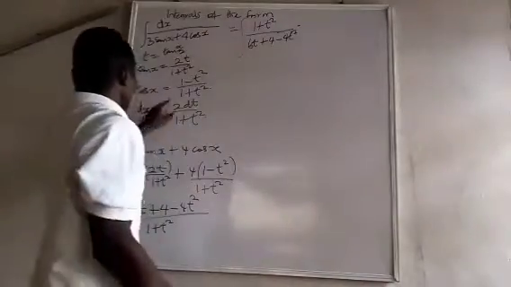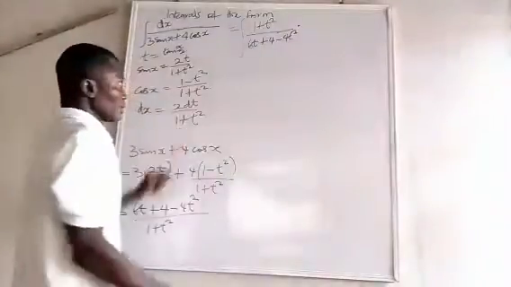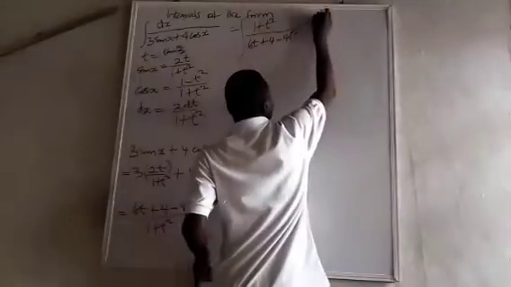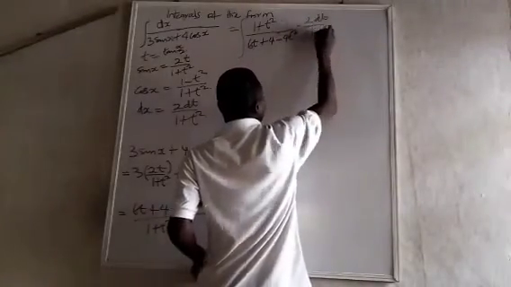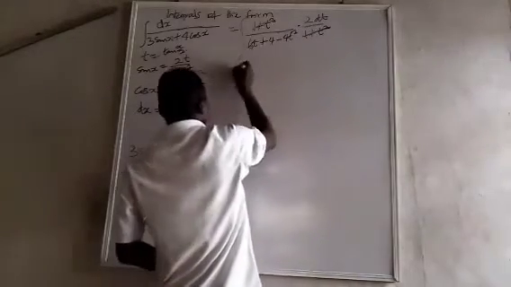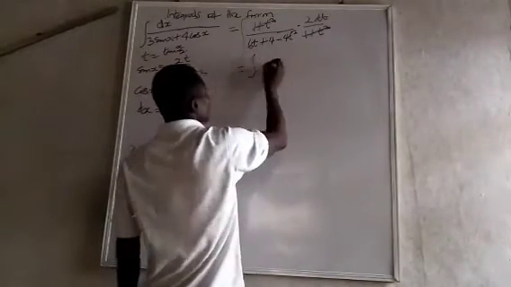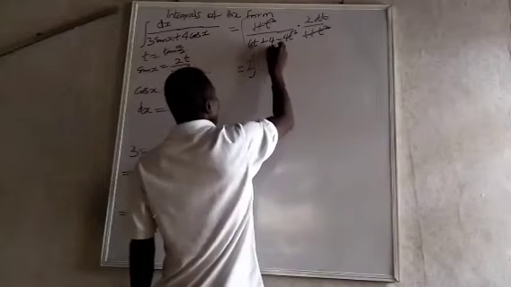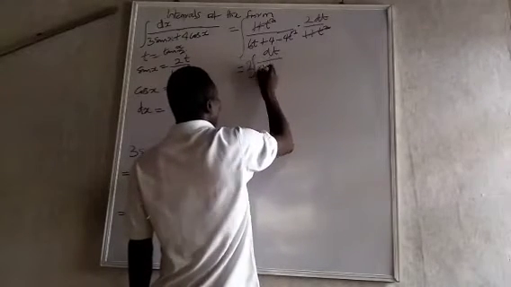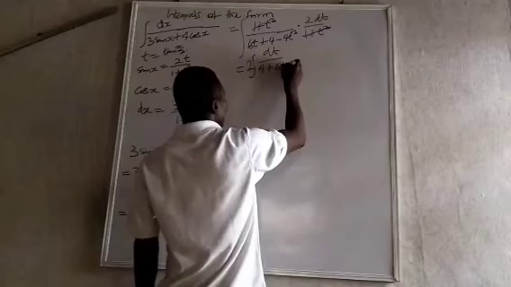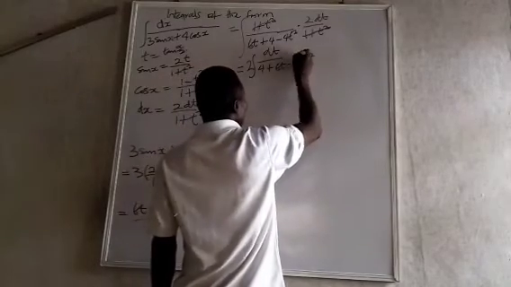And what is dx? 2 dt over 1 plus t squared. So this one cancels this. So this expression has now become 2 dt over 4 plus 6t minus 4t squared.